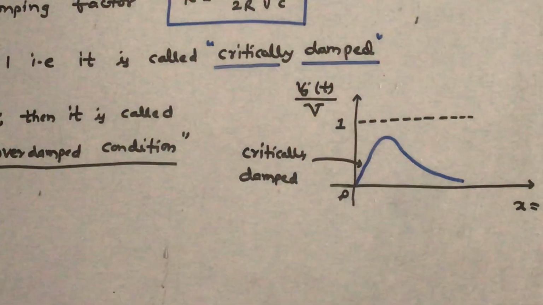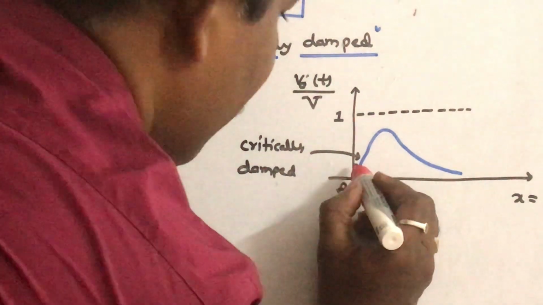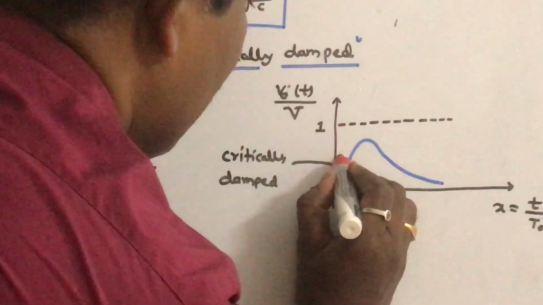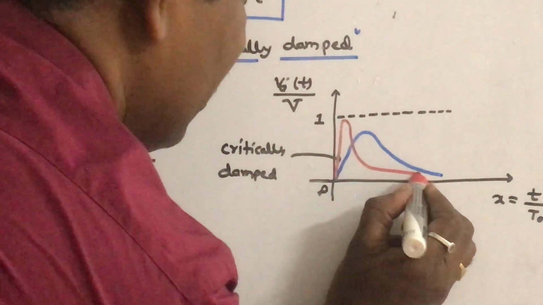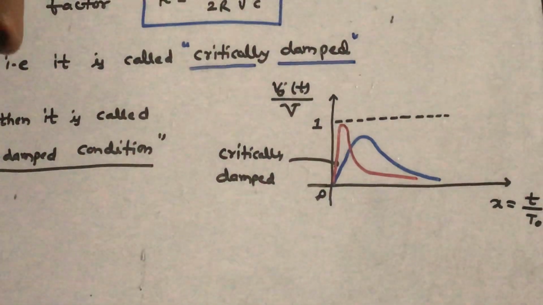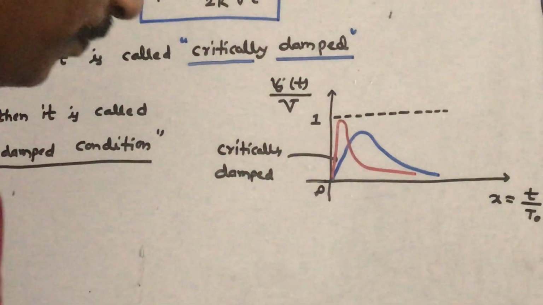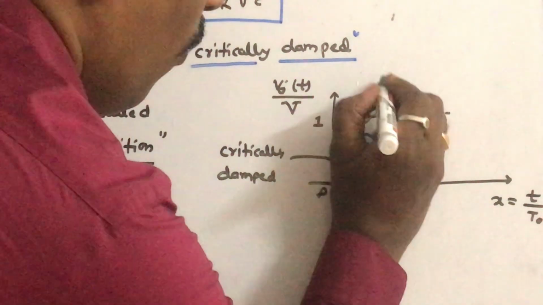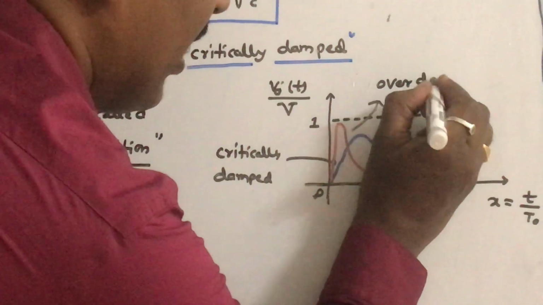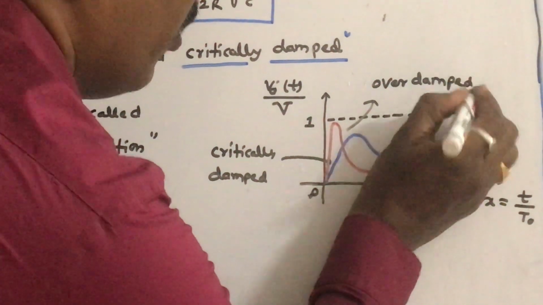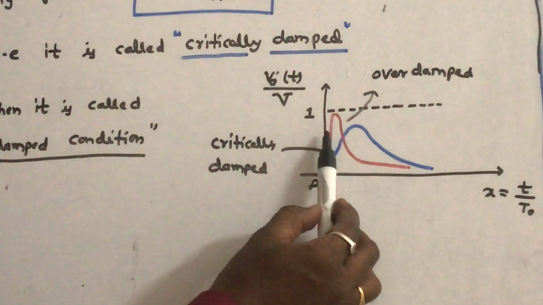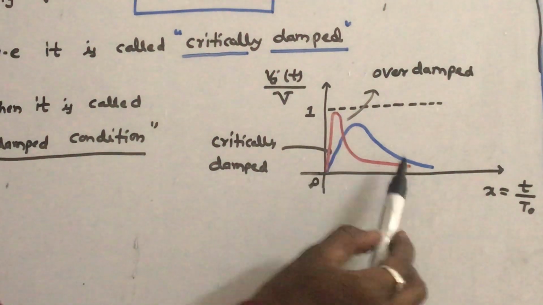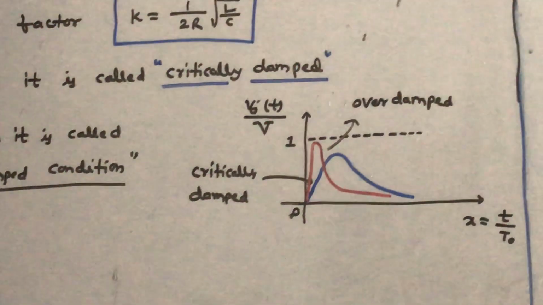If K is greater than 1, the response will be something of this kind. It will be a pulse which decreases exponentially. You can find this kind of response for the over damped case. If you further increase the value of K, this pulse will become narrower and narrower, and the height of the pulse further increases. So this is the over damped case.